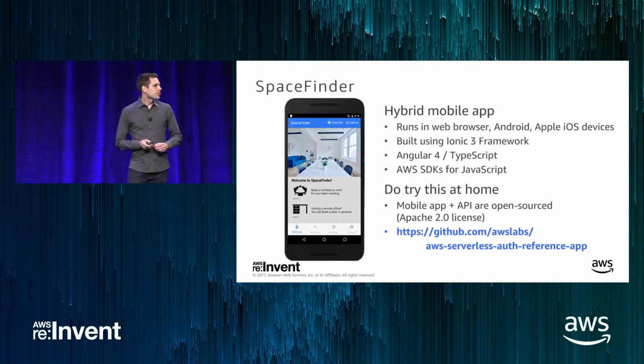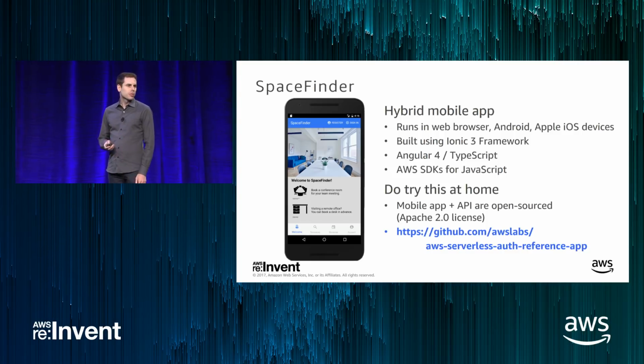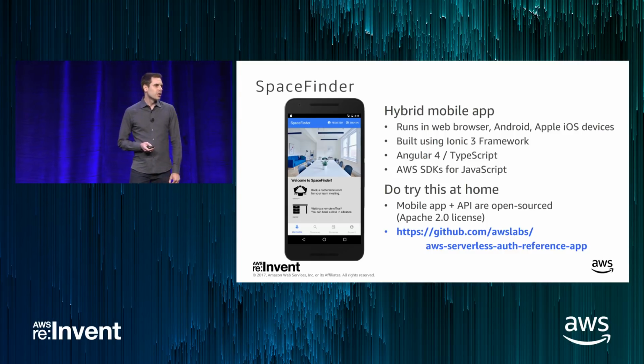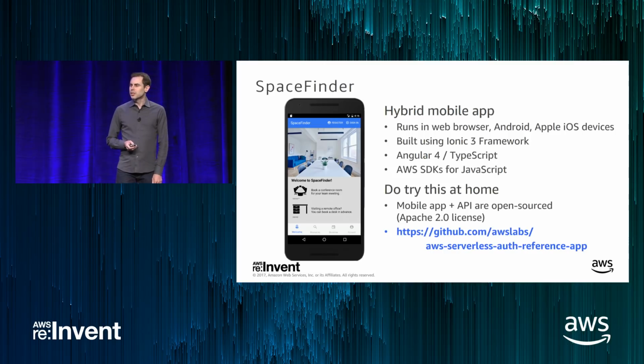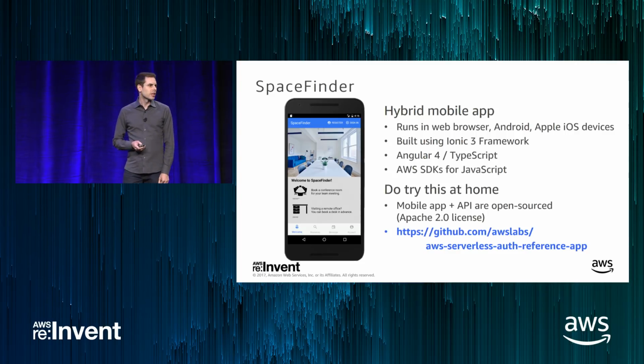To make this real, what we've done is to walk from a perspective of building an app, in this case a hybrid mobile app, using JavaScript SDKs behind the scenes, from start to finish, starting with sign up and other concerns as we go. And this app and all the demos you see today are available for use now on GitHub at AWS Labs. And we'll have this again for any photos at the end. But just know, do try this at home.